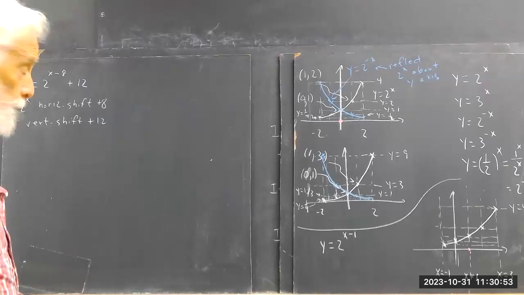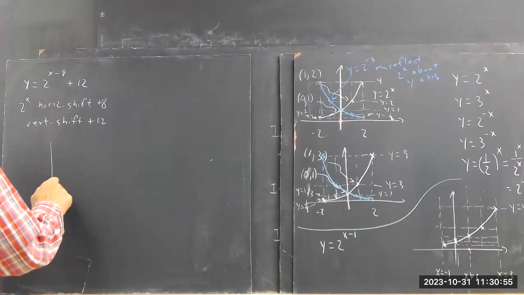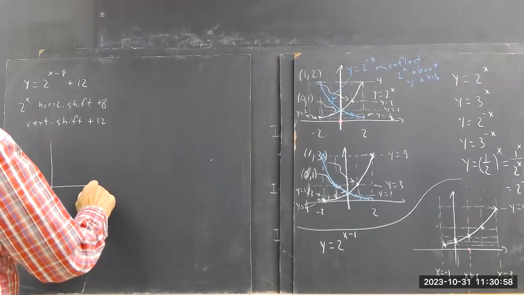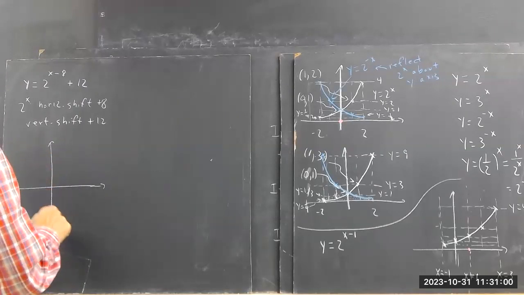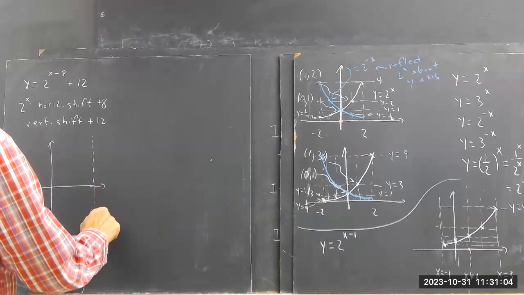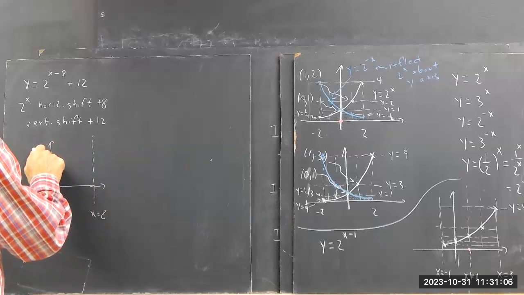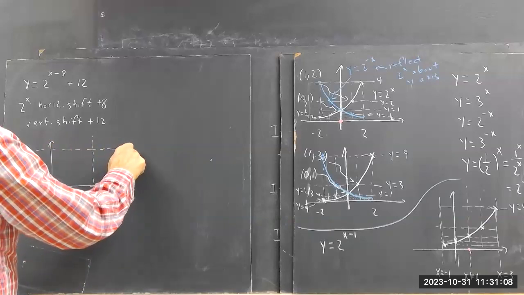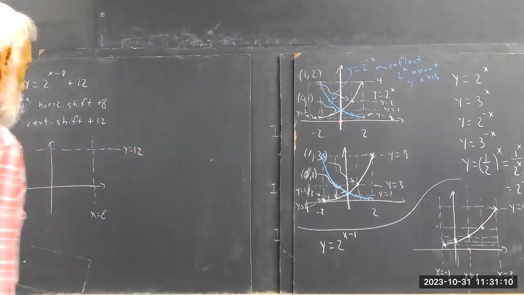Now, there are a couple of ways we can do this. One way is, okay, let's just go ahead and start with our coordinate axes. And of course, you got to come out to x equals 8 and all the way up to y equals 12.